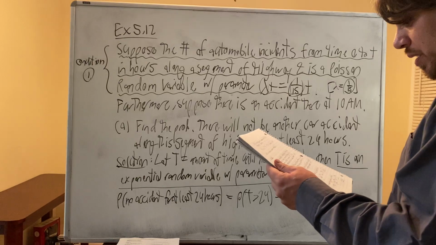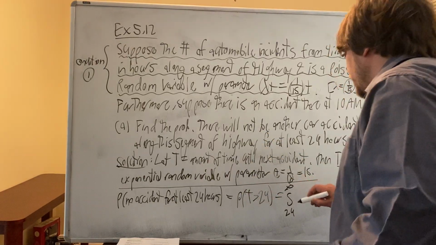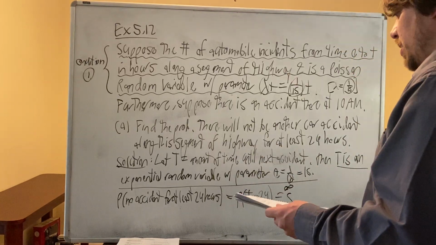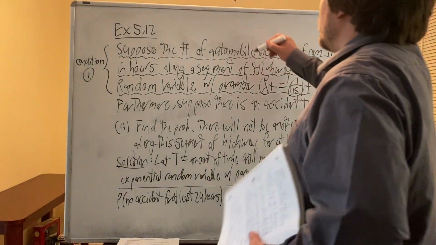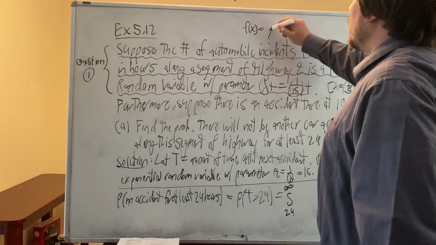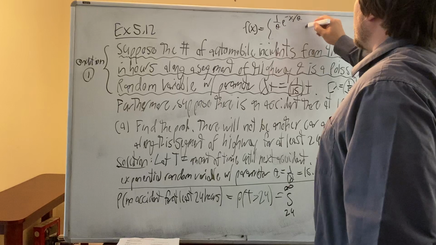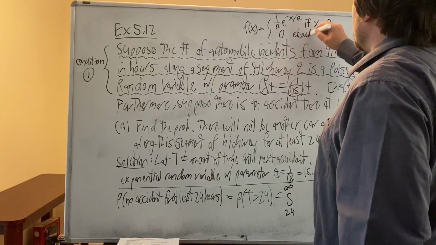Same either way. This is the integral from 24 to infinity of the probability density function. Remember, the PDF for the exponential random variable is 1 over theta e to the negative x over theta if x is positive, and it's 0 elsewhere.